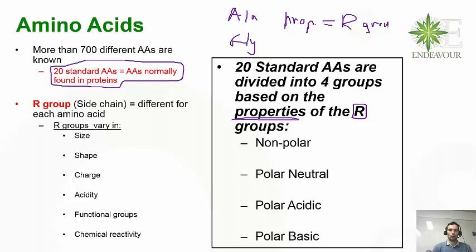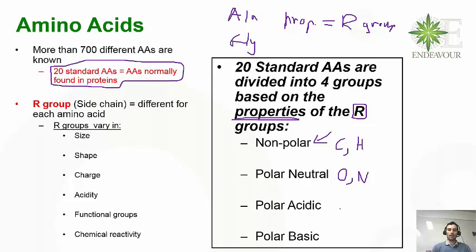The R group can specify that the amino acid is going to be non-polar if it's just carbons and hydrogens connected by non-polar covalent bonds, whereas if it's polar and neutral, then there's going to be at least some oxygens and nitrogens, and this will mean some of the bonds within that structure are now polar.